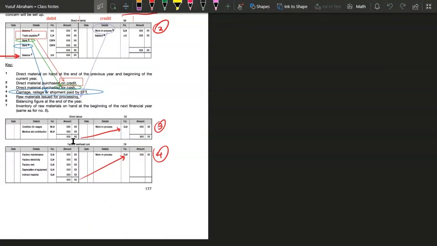It's the people that are touching the product, that are involved in the actual manufacturing, right? Anything that is not this, you should not put into the direct labor, right? But again, we need to balance. Whatever we've paid out in wages, medical aid contribution, whatever is labor related, it's going to be taken into account when we send this labor to do the actual production.